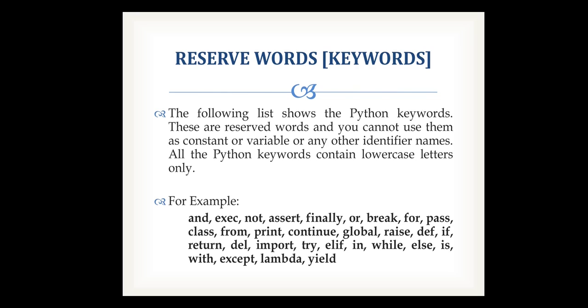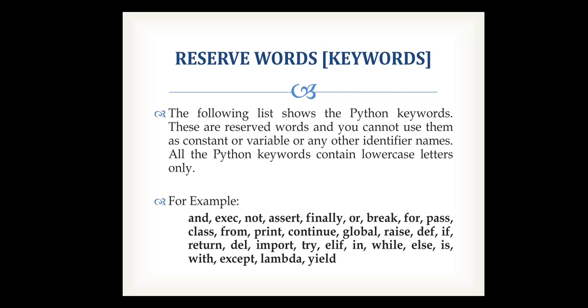Then reserved words. In the following list, we are going to see the different keywords, reserved words of Python. You cannot use them as a constant or a variable or any other identifier name. All the Python keywords contain lowercase letters only.